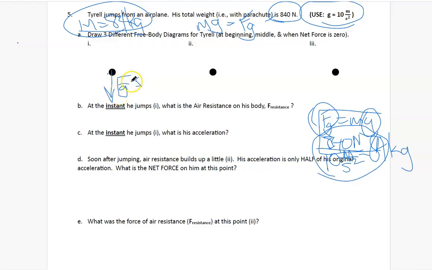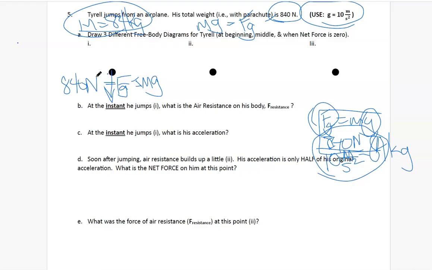His weight is m times g, but you were told what his weight is. It's 840 newtons. That's his weight. Is there any other force on him at this point? The moment he jumps out of the plane, there's no other force except the force due to gravity on him, which we call weight.